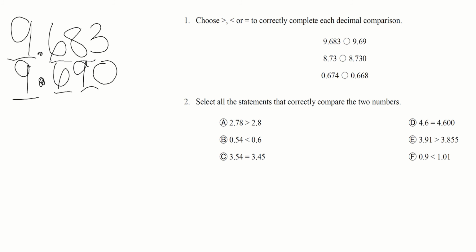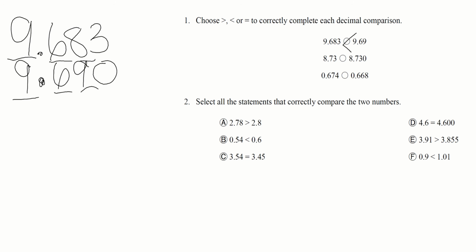This number has 9 hundredths. We can immediately identify that the top number has 1 less hundredth than the bottom number. Therefore, it has to be less than the bottom number. So 9 and 683 thousandths is less than 9 and 69 hundredths.